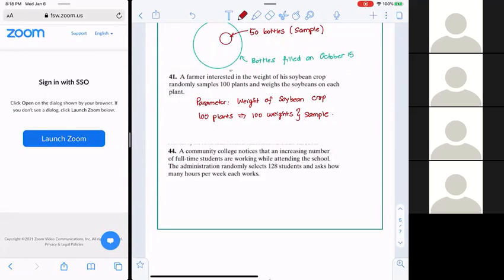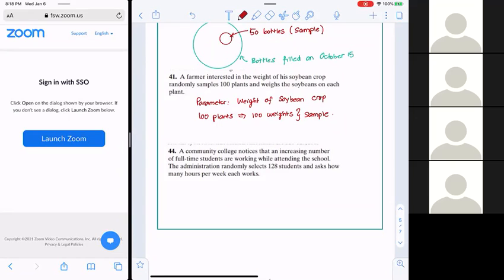The community college is noticing that there is an increasing number of full-time students who are working while attending school. They wanted to get information about this, so they randomly select 128 students and ask them how many hours they work.